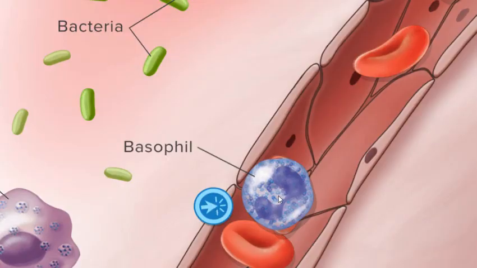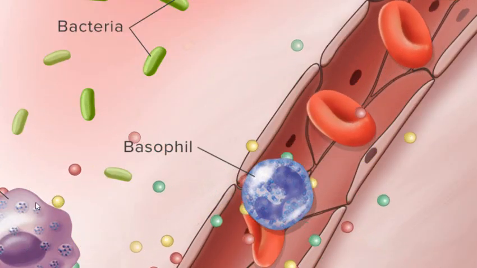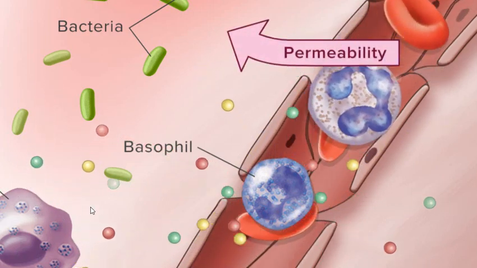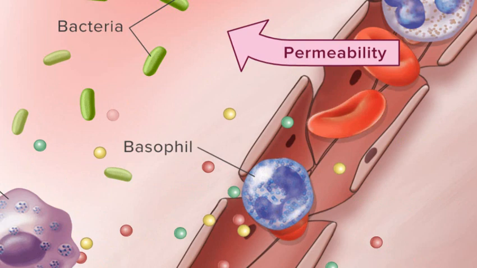As you can see, the basophils release chemicals, and mast cells right over here release those chemicals. They include histamine, heparin, and other vasodilators to reinforce the defense.